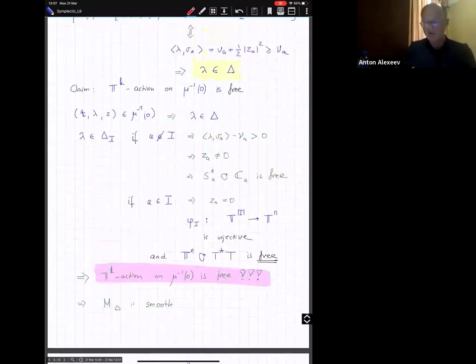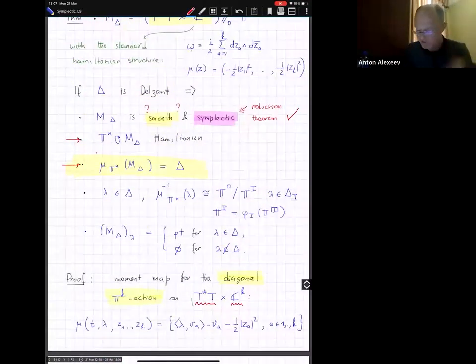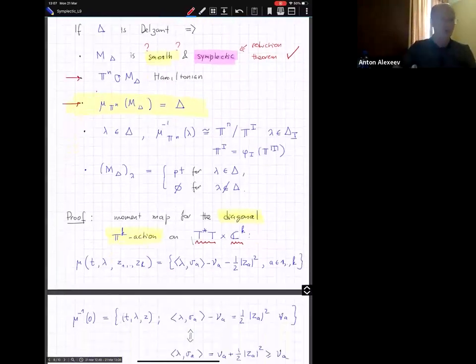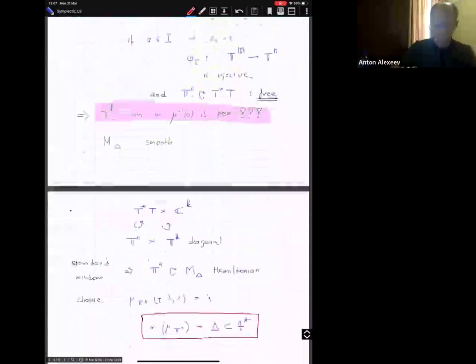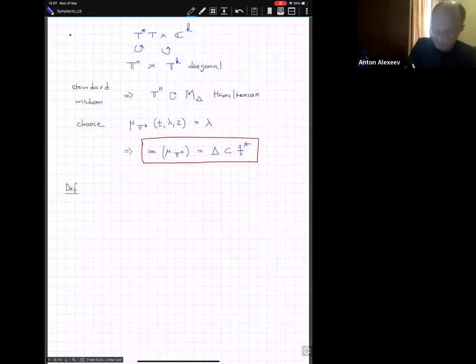So now I think part of the other statements is in the exercises, and instead of proving them, let me just state some big theorem. So I'll finish with a definition and the theorem.